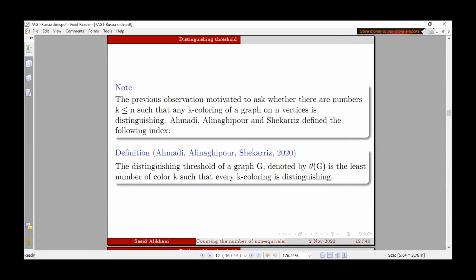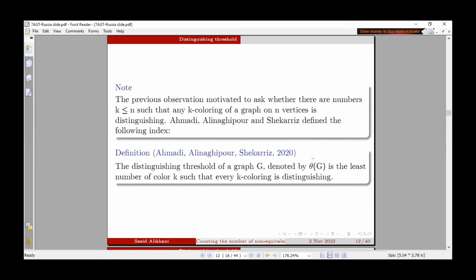Ahmad Alikhani and Chicago define another parameter denoted by theta of G, and call this parameter the distinguishing threshold.